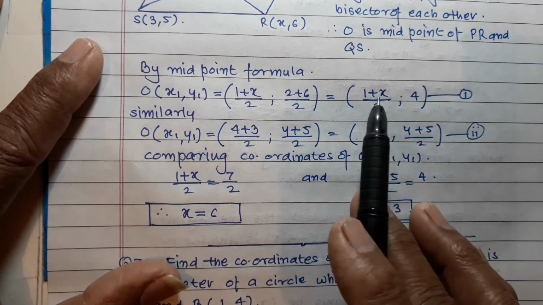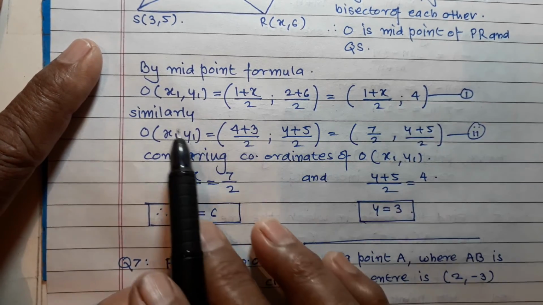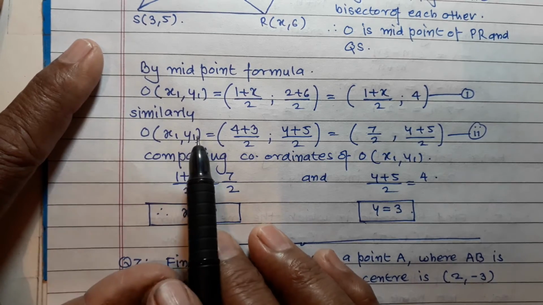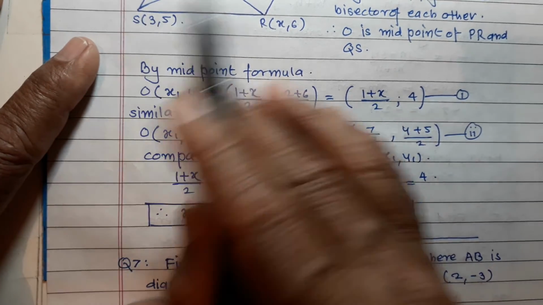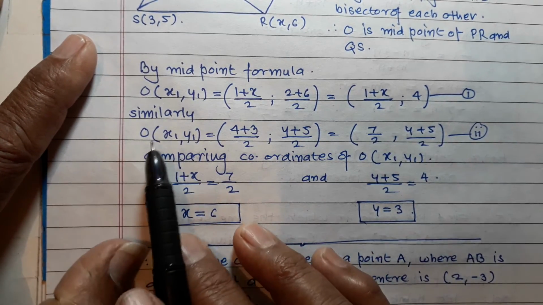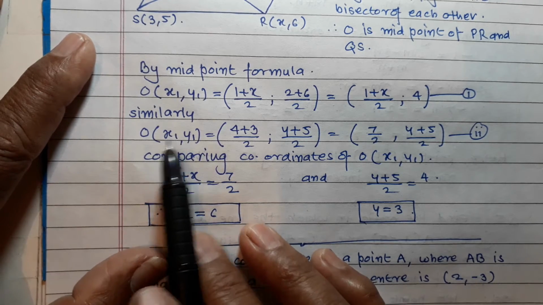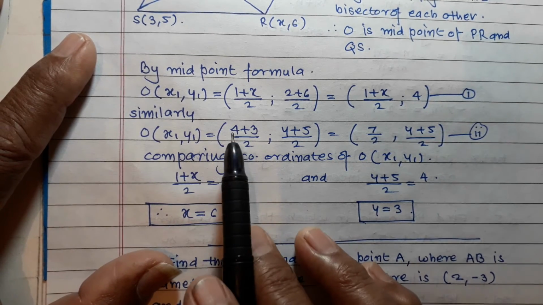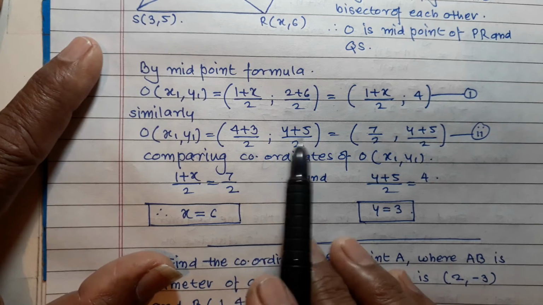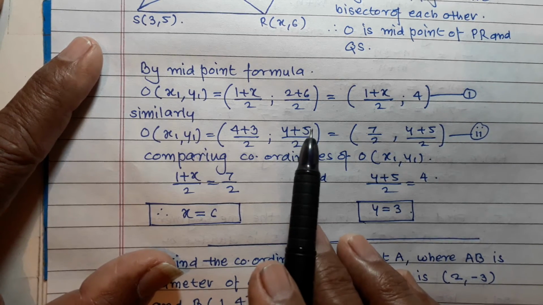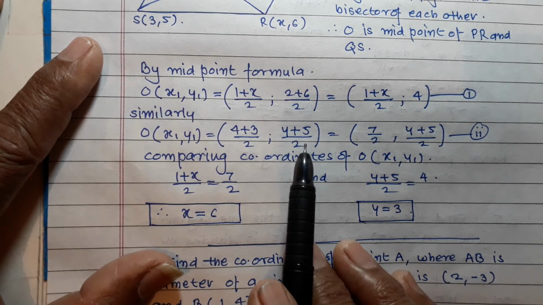So this is the coordinate of O. Similarly, you can find the coordinates of y by this second diagonal. So O (x1, y1) is equal to (4 plus 3 upon 2, y plus 5 upon 2).